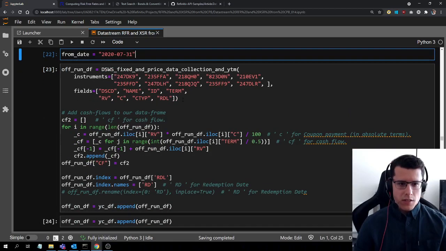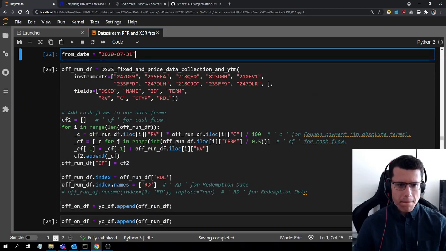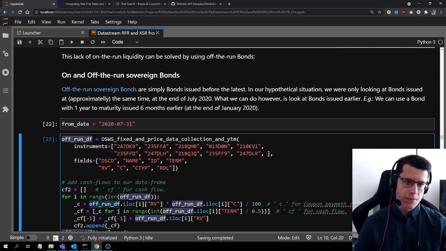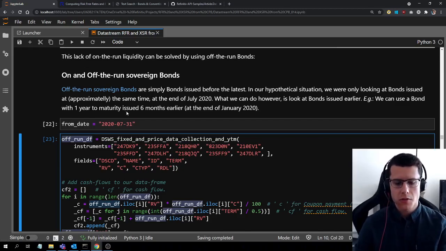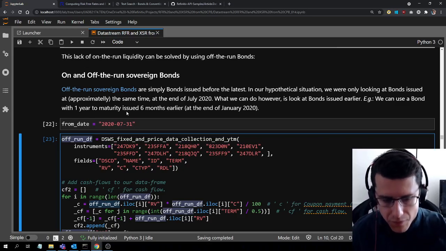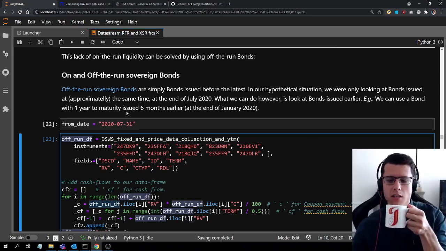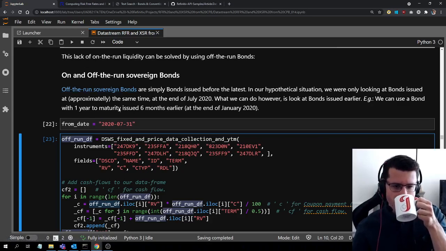All right, so what I've done here. Yes, so if I can show you. I've got my off the run sovereign bonds. This file we were using on the run sovereign bonds, which were the very last ones just issued by the Treasury, which made the mathematics easy, but then we figured out it actually made it impossible because of a liquidity issue.